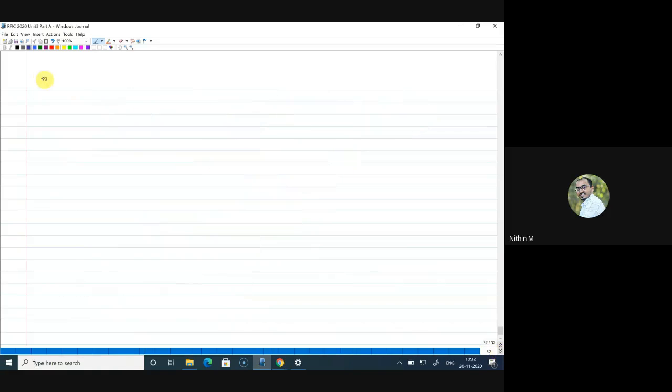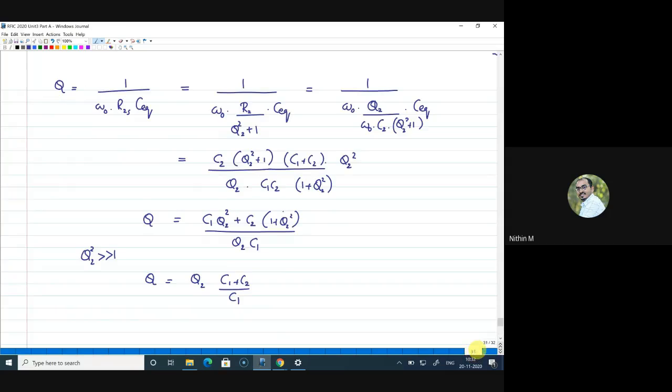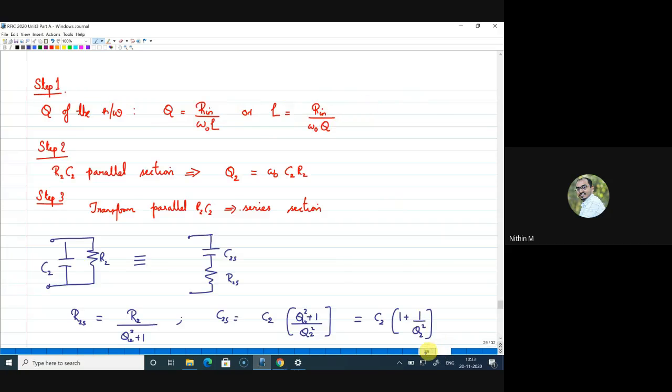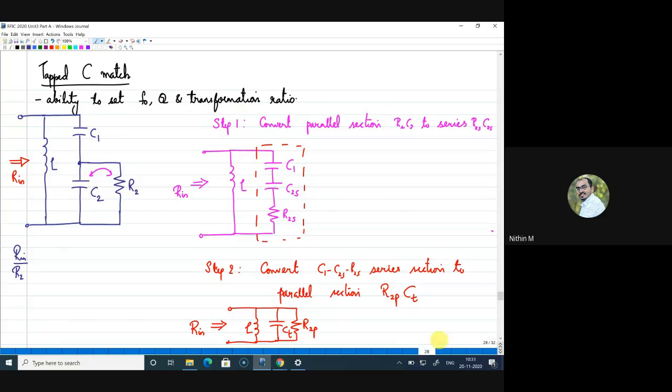So let me go to step 5, where the series RC, with R being R2S and C equivalent, is converted into a parallel RC. Let me call this R2P and C as the final C T. This is actually the parallel section, right? I think I used the same notations in the first diagram also. Yeah, L, C T and R2P.